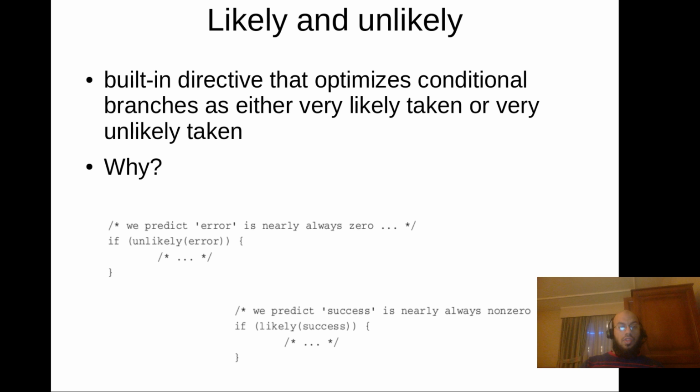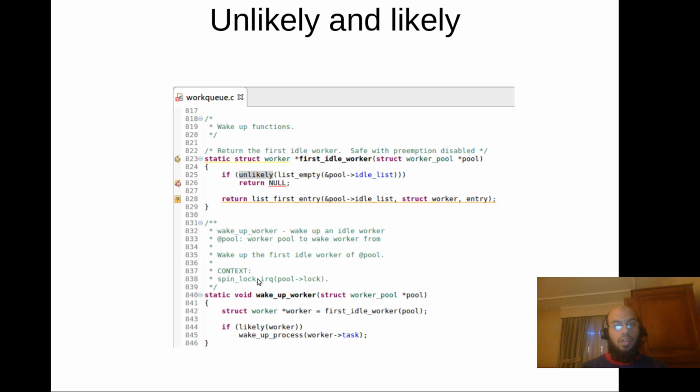And now this is how we use them. So this is basically if unlikely error, that's your directive, and if likely success, that's your directive. So how are these used in real life?